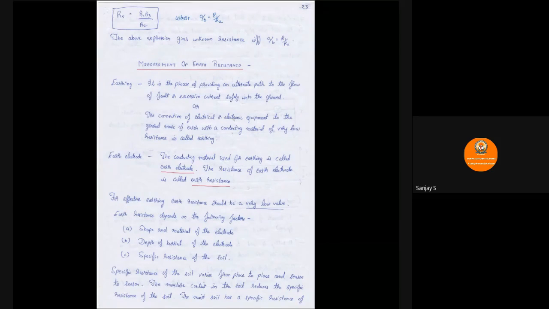It will vary from place to place, and it will also change from season to season, whether you are doing it in winter or monsoon or summer. That also matters. At the same time, the place where you are doing the earthing, all these factors will contribute to the specific resistance of the soil. So ultimately, the resistance of the earth electrode will depend on shape and material of the electrode, how deep it is being buried, and specific resistance of the soil.